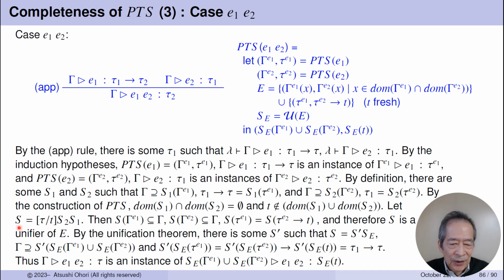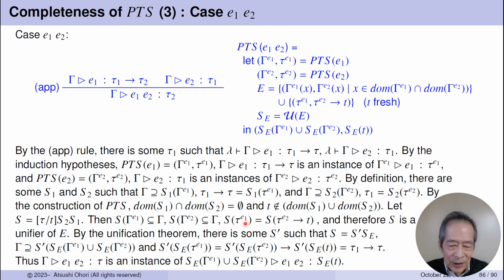Then we generate a new substitution by composing this one-point substitution T maps to tau, where tau is the given instance, with the composition of S2 and S1. Then, because of this property, S applied to gamma E1 is still a subset of gamma, same as S applied to gamma E2.